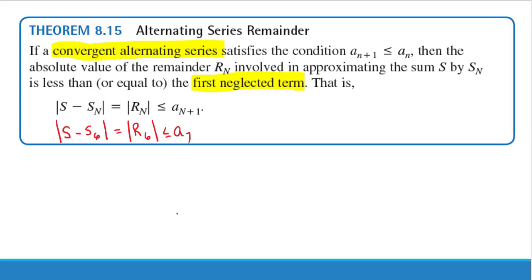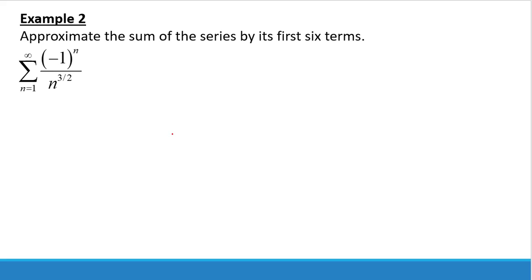What's actually how the actual sum differs from the sum of the first 6 terms is found in this 7th term. Okay, approximate the sum of the series by the first 6 terms. So first you have to prove that it converges.